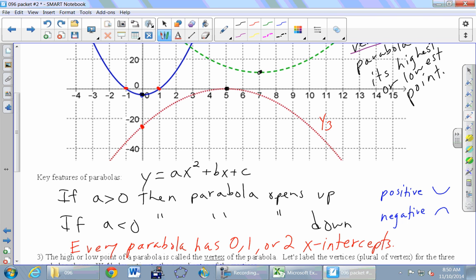And it's true for any parabola that you draw that has two x-intercepts. So I'll just draw something like that. If I look at this x-intercept and this x-intercept, and I go halfway in between, if I've done this right, then the vertex should be exactly in the middle. So that's going to be an important fact for us. The vertex is halfway in between the x-intercepts.